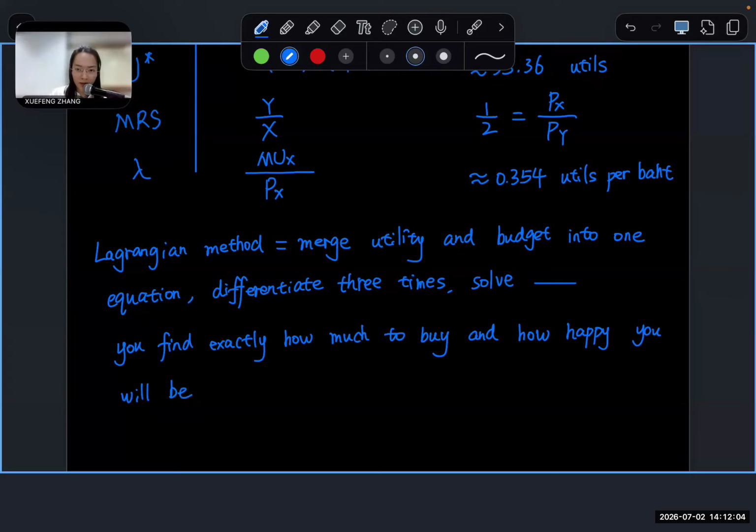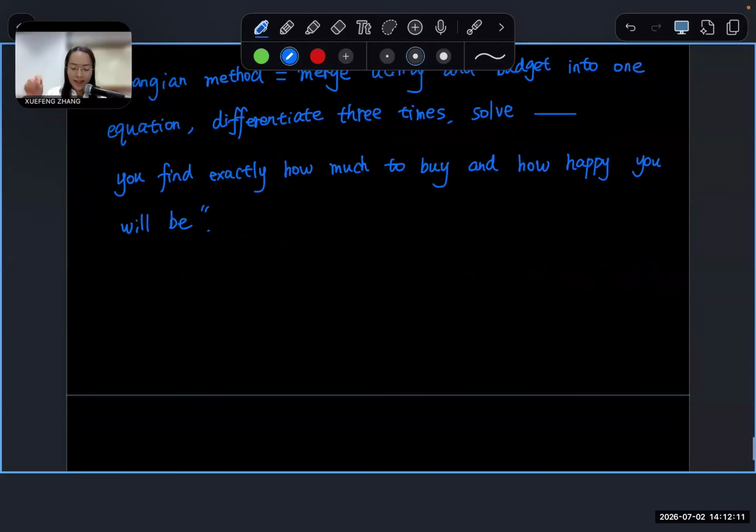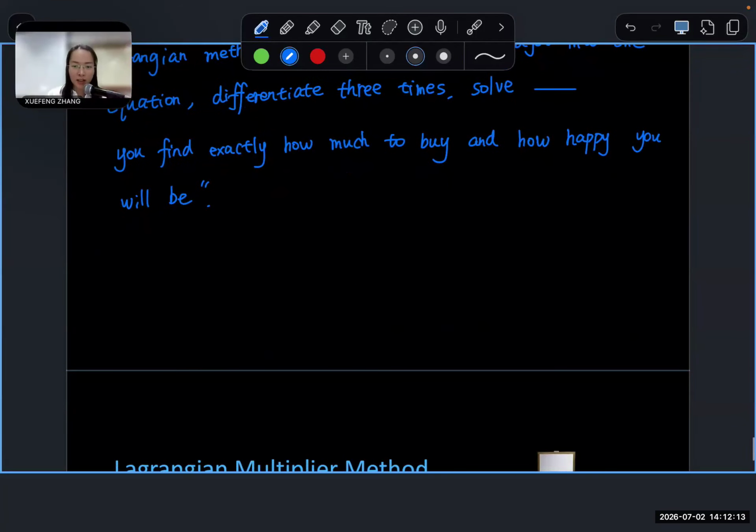Okay, this is the logic of Lagrangian methods. And next class, I'm gonna show you another method, okay?